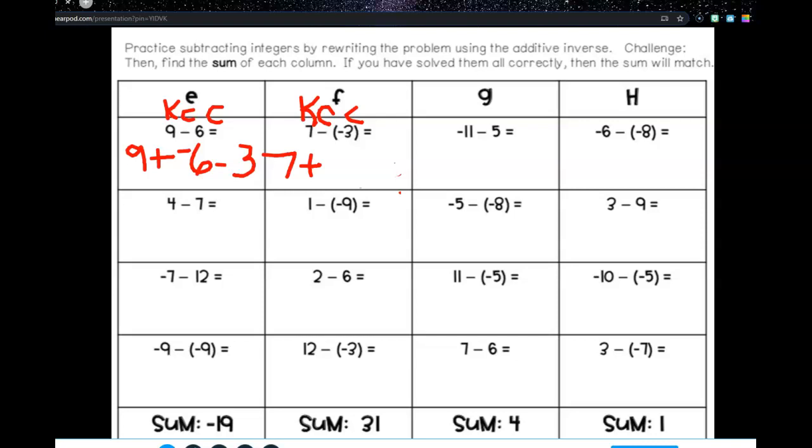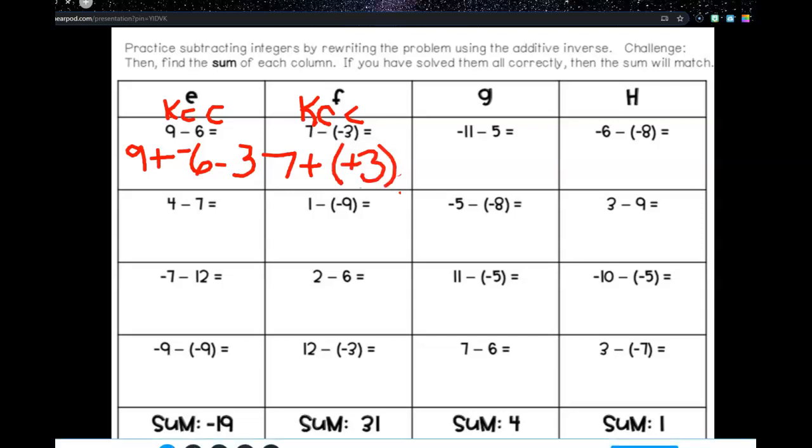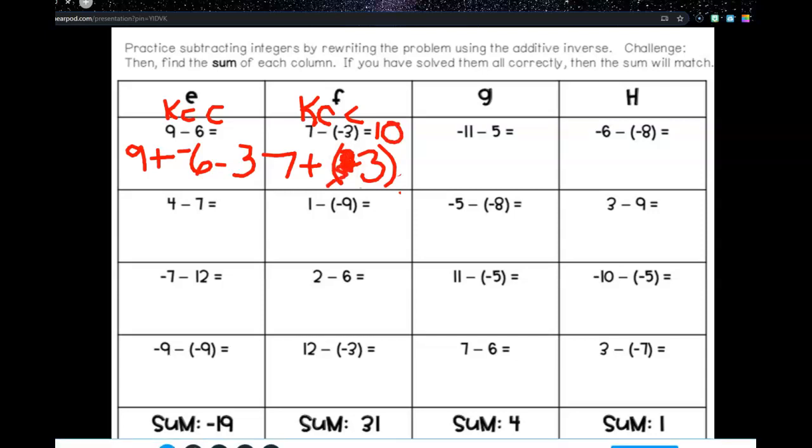So right now it's negative 3, so I'm going to make it a positive 3. And I'm going to keep it in its little protective bubble there, just for you, Michaela. So now 7 plus 3 is what? 10. Right. And usually we would not write it with the double positives like that. We would just have the operation positive. So I don't really need that one.